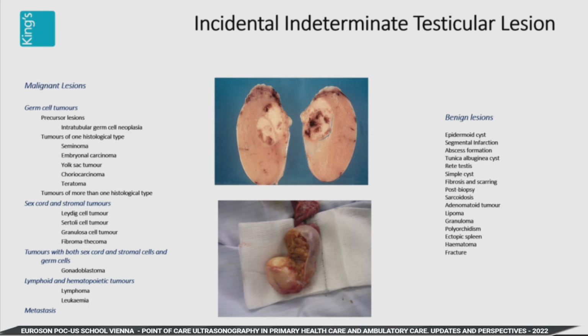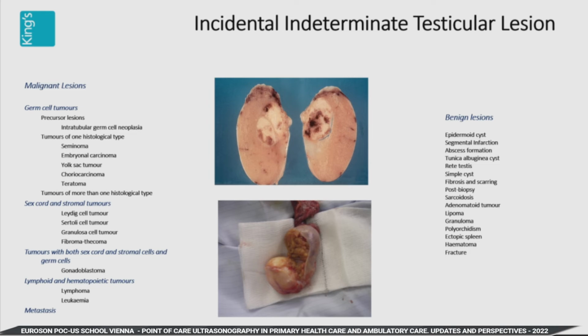When we look at the lesions in the testes, there's a much wider spread of different lesions that you can see in the testes. There is, of course, the malignant lesion, and the malignant lesion is orchidectomy. You have to take the testes out because the remainder of the testes is susceptible to a malignant tumor. Having said that, most of the malignant tumors of the testes have a good prognosis. 90% survival at 5 years if you catch it early.